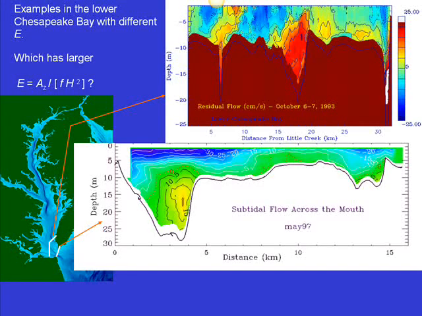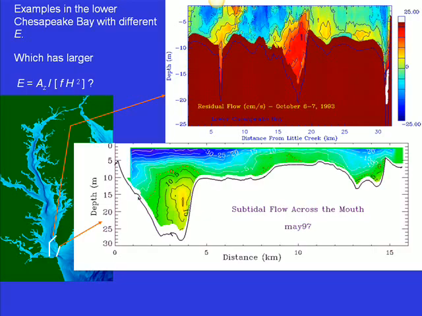So here's what we're talking about. Look at that question. Which has larger Ekman number, you think? And you can imagine it from looking at the depth, the h. Notice the denominator in the Ekman number definition has an h squared.